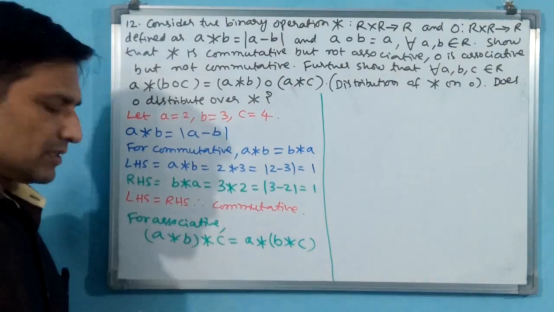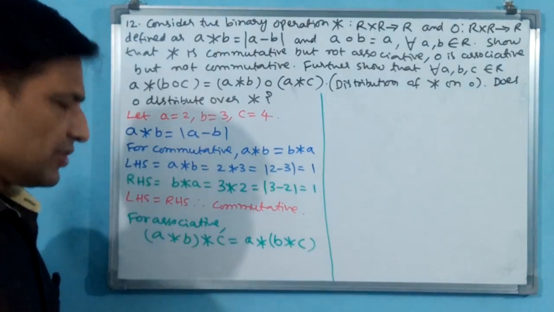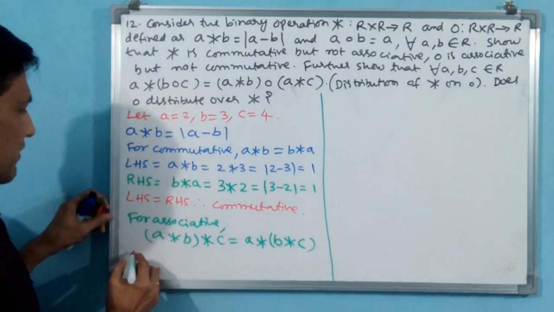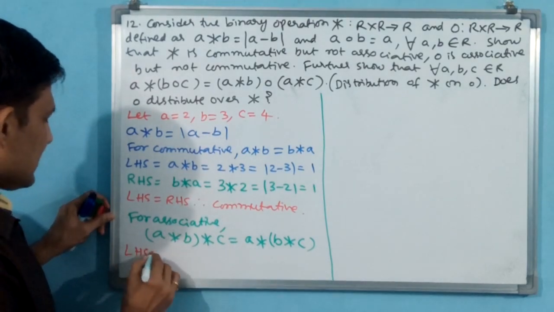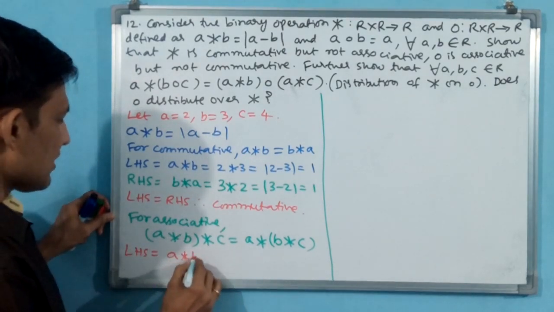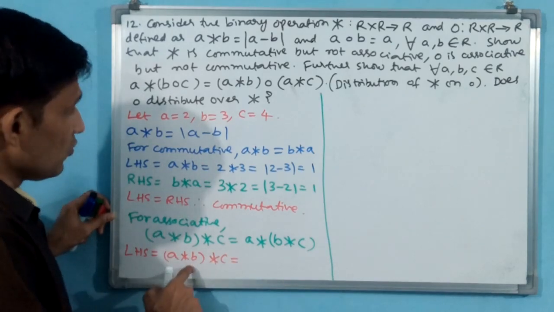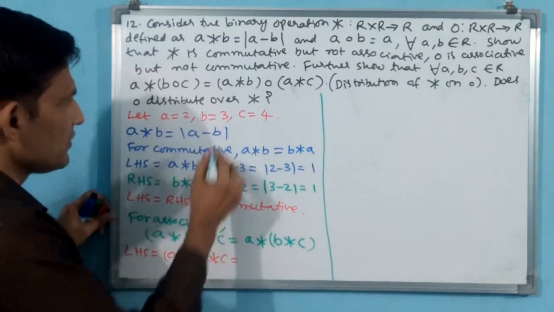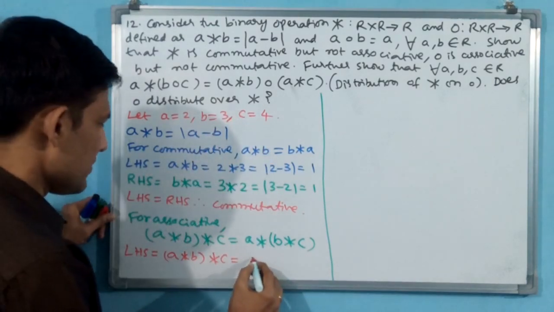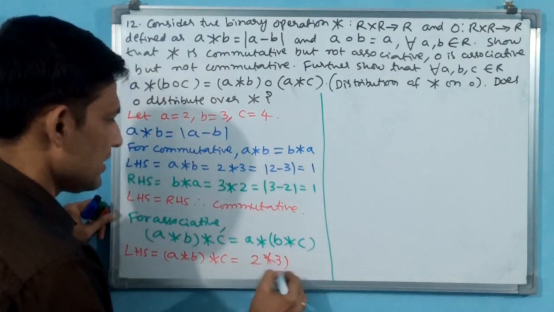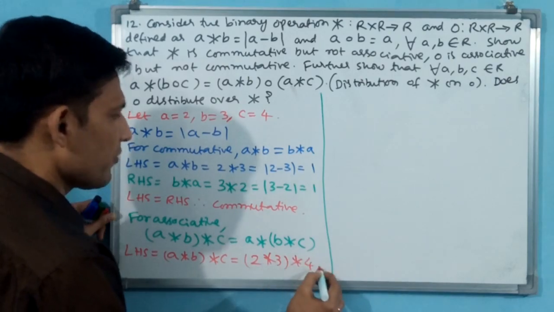Okay, this has to be equal. We have to make equal. You take first LHS. LHS is equal to (A star B) star C. That is equal to what? A is 2, B is 3, C is 4. Directly you apply. That means (2 star 3) star 4.